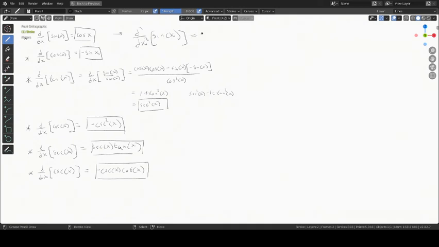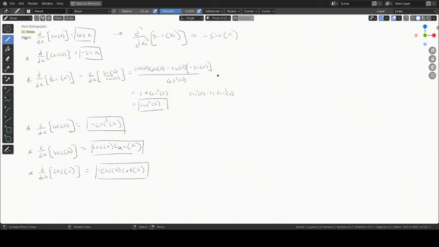So taking the second derivative of sine would just be negative sine of x, right? And this is the cool thing about trigonometric functions, is they just take this alternating pattern like this. Similarly, if we took the second derivative of cosine, we would get the first derivative of sine times -1, which is negative cosine.